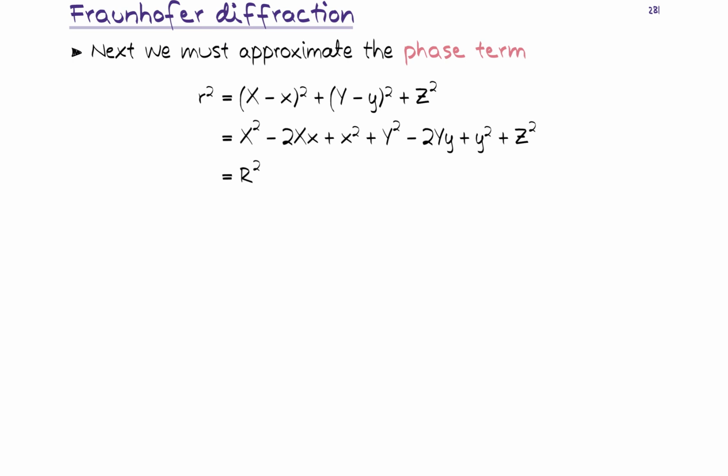And then what we have left is the squares of the small x and small y, and then we have the two minus terms. So we have minus 2 times capital X small x plus capital Y small y. And now we can turn this into a different form. So we take R squared to be a common multiplier of all of these terms, because it helps us to simplify and approximate things in what follows.